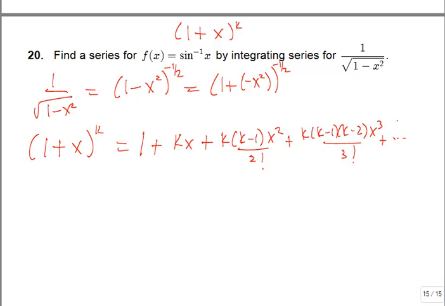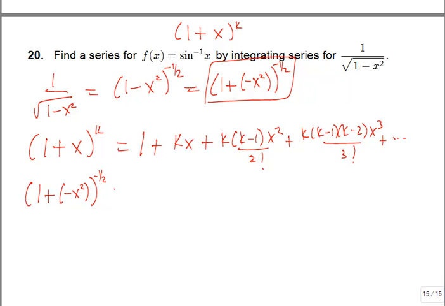So what we want to do now is manipulate this and turn it into the power series for 1 over square root of 1 minus x squared, also known as this series right here. So 1 plus negative x squared raised to the negative 1/2.